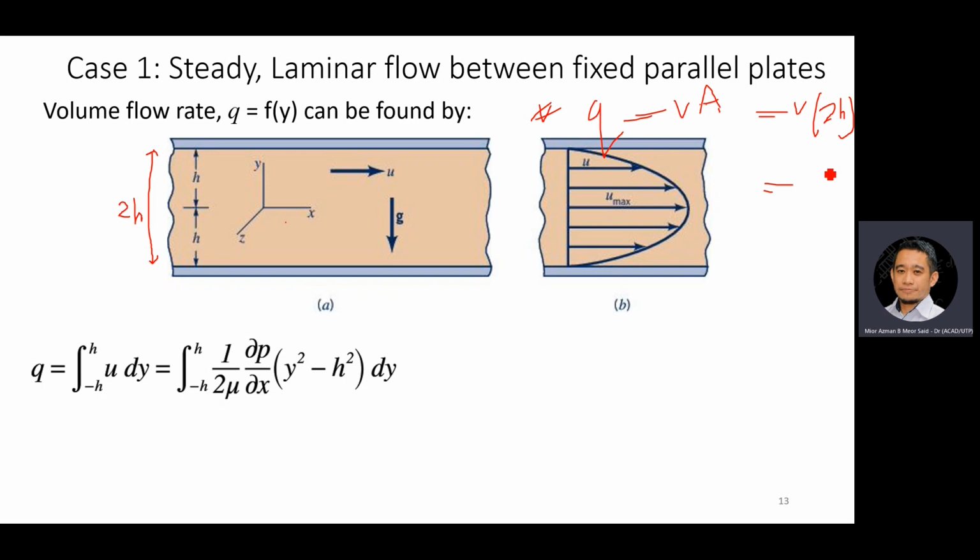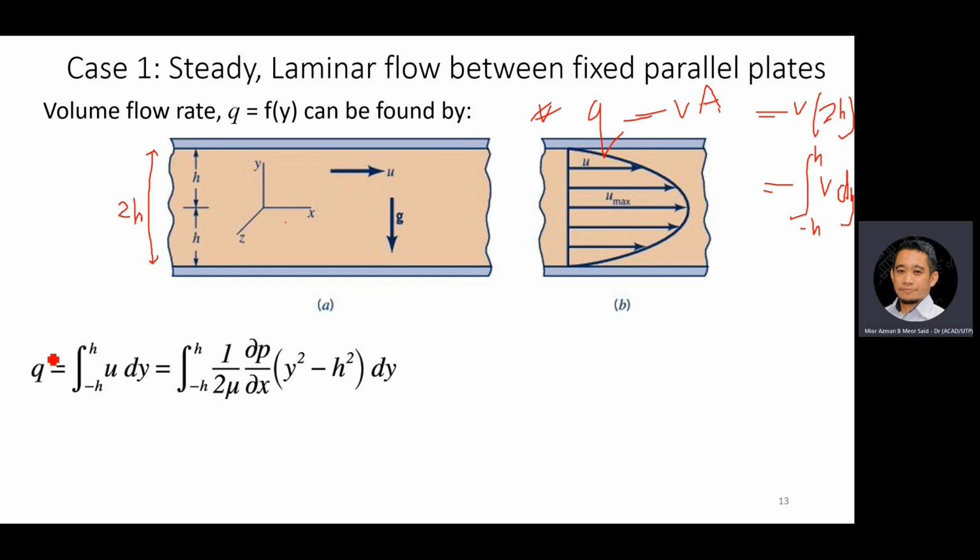The volume flow rate is the expression of the velocity from the lower limit to the upper limit h. Like the same thing, it becomes 2h from the integration.